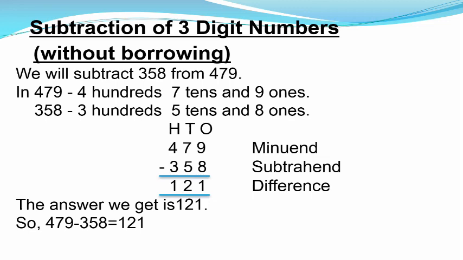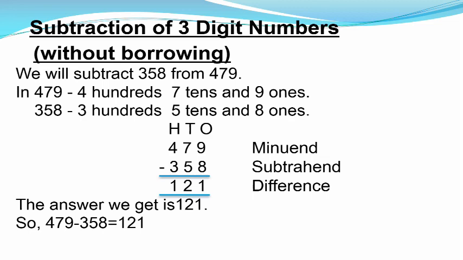Let's subtract ones first. 9 minus 8 is equal to 1. In tens column, 7 minus 5 is equal to 2. In hundred column, 4 minus 3 is equal to 1. Now we have 100, 2 tens and 1 ones.